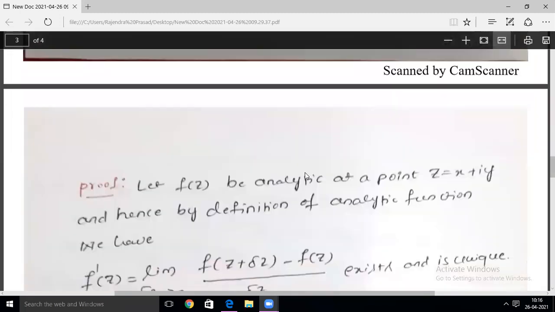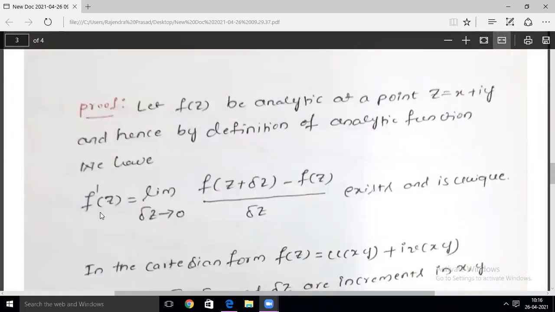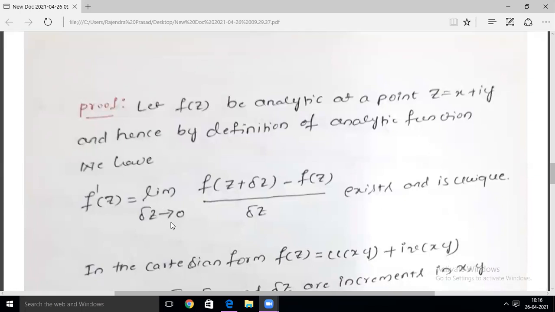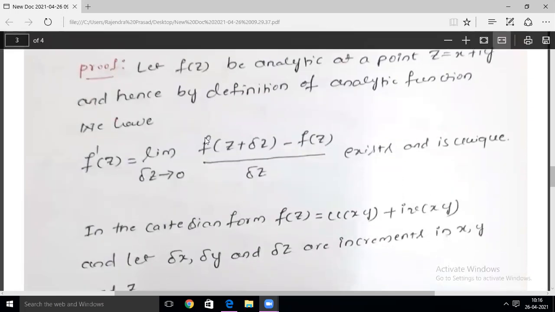So we shall consider the definition of analytic function, that is f dash of z is equal to limit delta z tends to 0, f of z plus delta z minus f of z upon delta z exists and is unique. So here we shall consider the definition of analytic function.